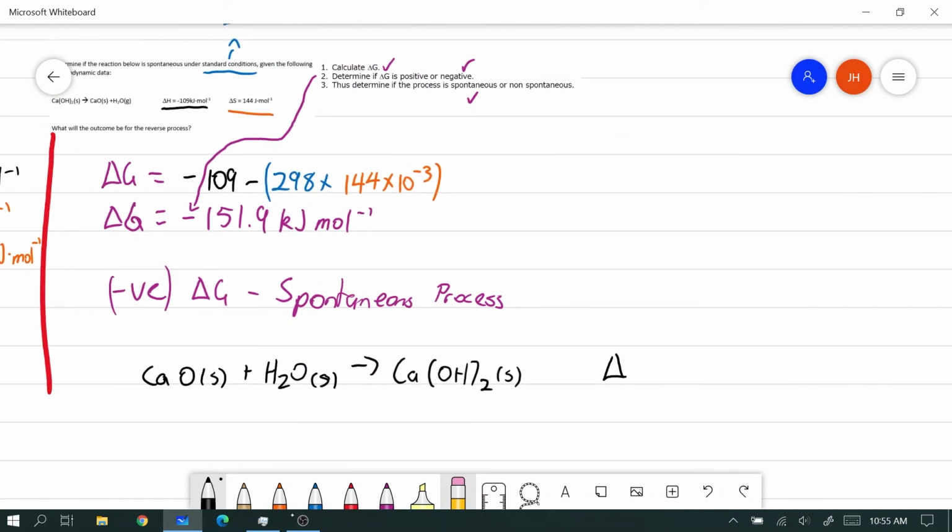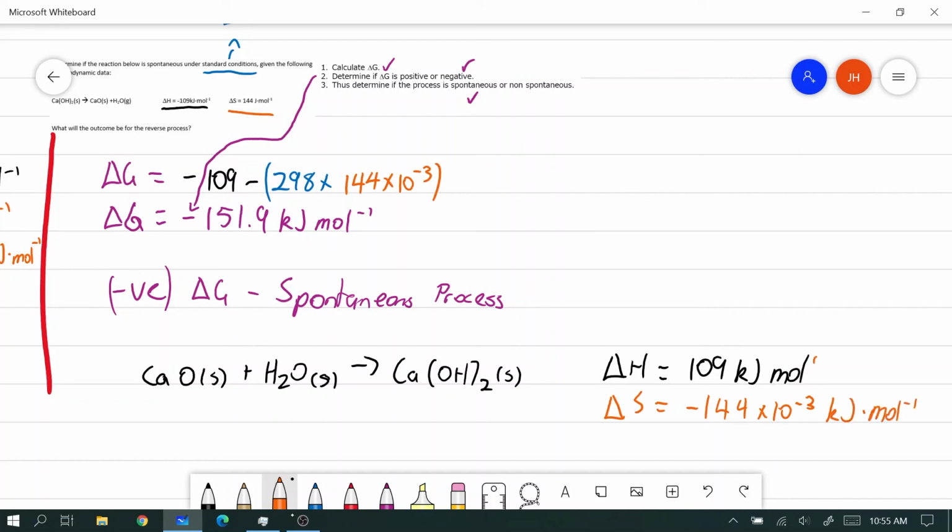So that would mean that the enthalpy of that reaction would be 109 kilojoules per mole, as well as delta S would be negative 144 times 10 to the negative 3 kilojoules per mole. I'm just going to make a quick adjustment so that this is in kilojoules per mole as well.